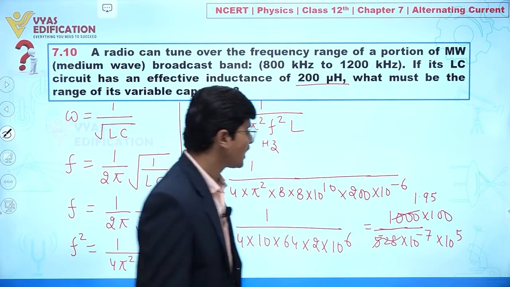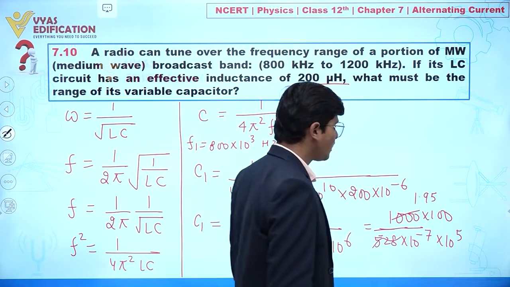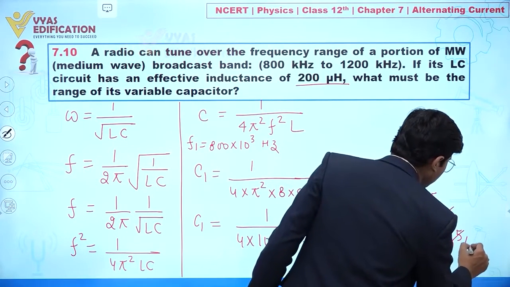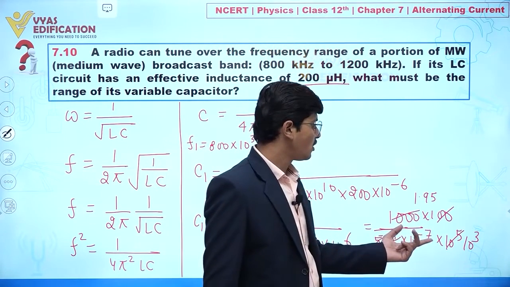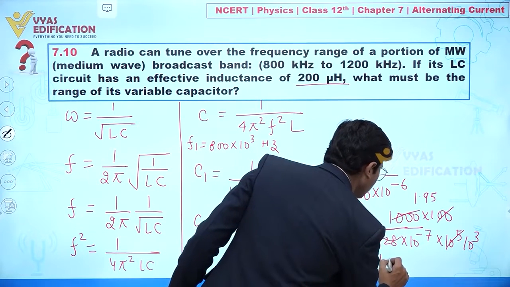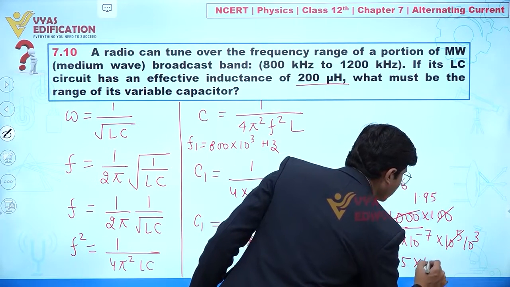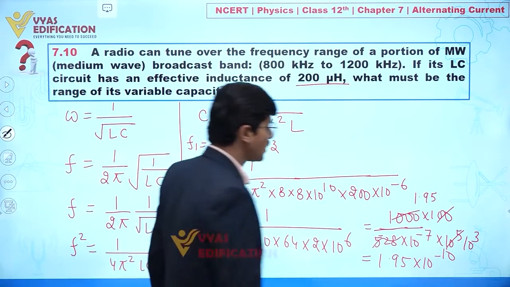1.95, and this is 10 to the power 3. Or you can say this is equal to 1.95 into 10 to the power minus 10, and we are getting this value in farad.